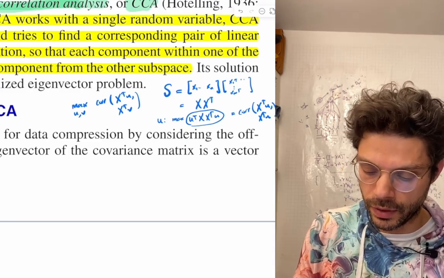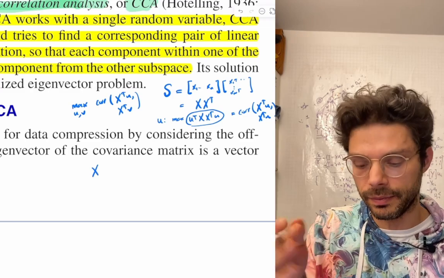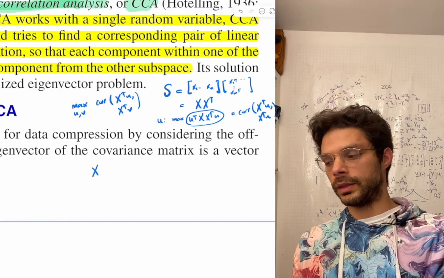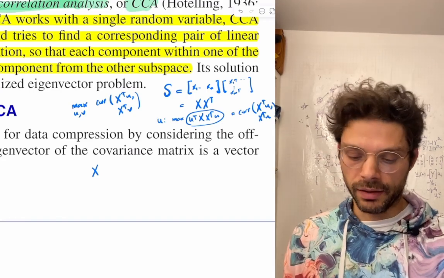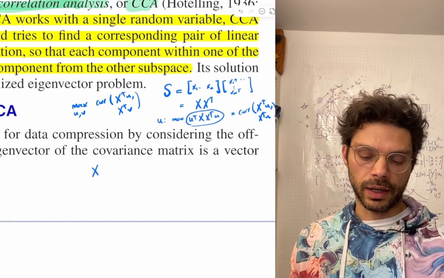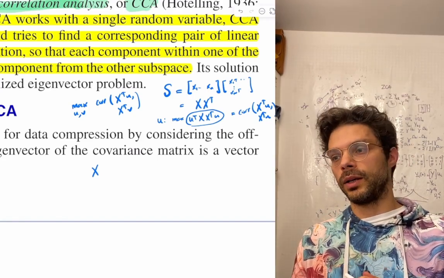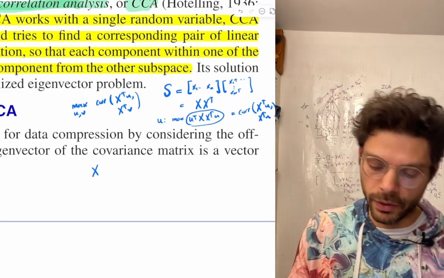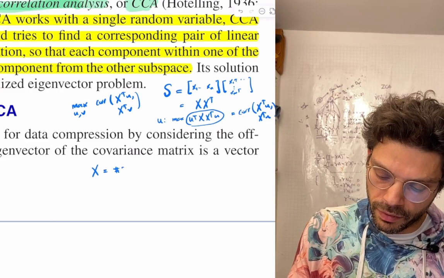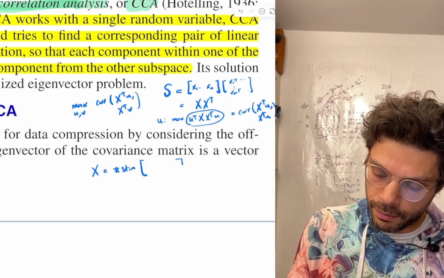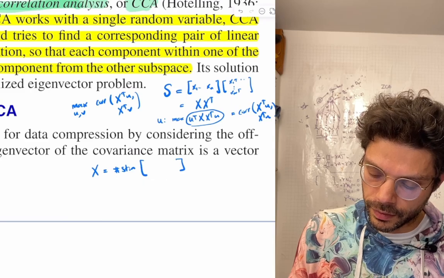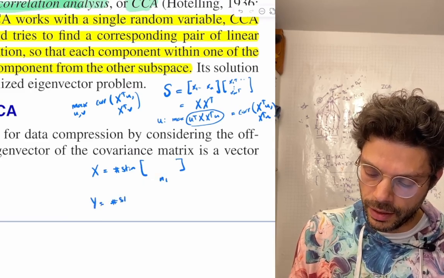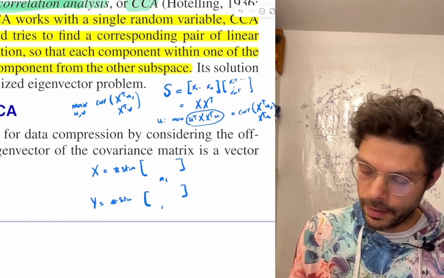So where does this come up? Well, in neuroscience, we sometimes get data sets where you have two different brain areas responding to the same stimuli. So in one data set you have X, which is number of stimuli by n1, and Y has the number of stimuli by n2.